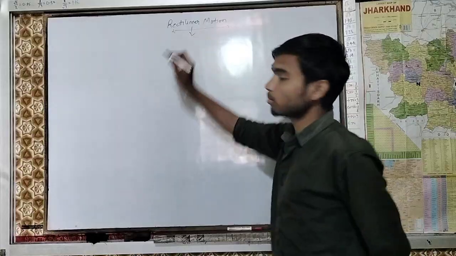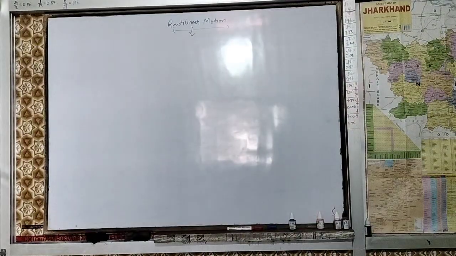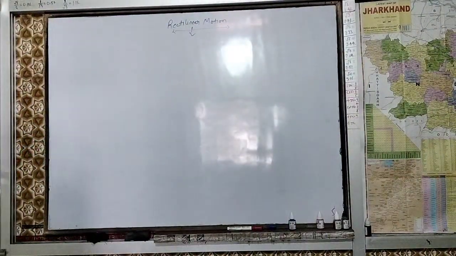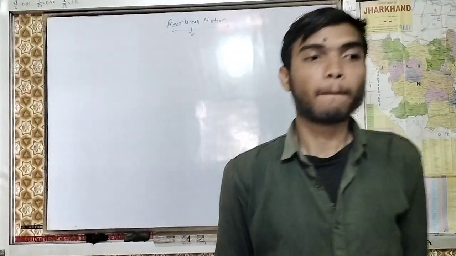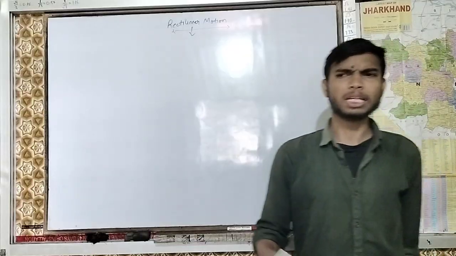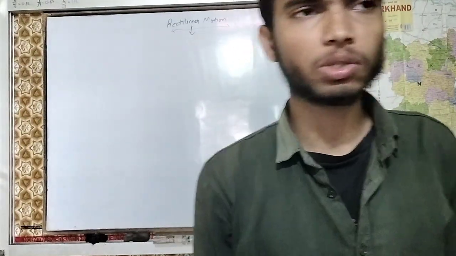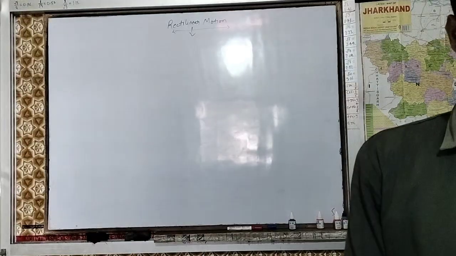From the word rectilinear, it says that there is a motion of a particle. As you know, the word motion is added to rectilinear. So you and I can say that the body is moving. It may be moving with some velocity, constant velocity, or with acceleration.